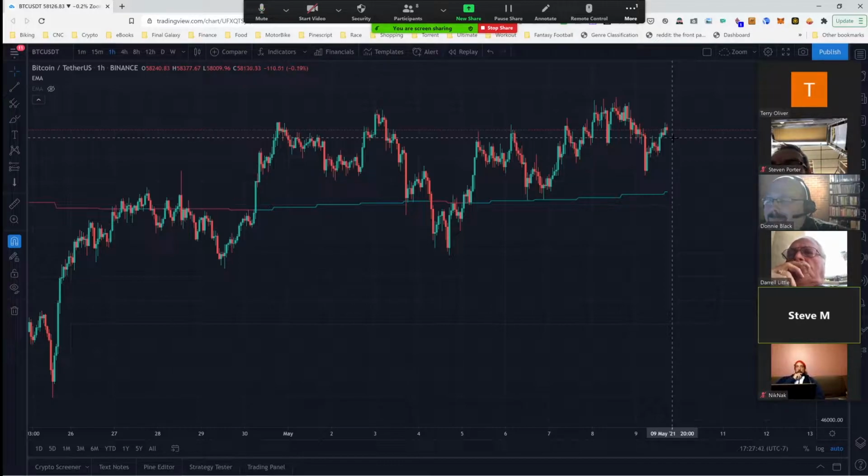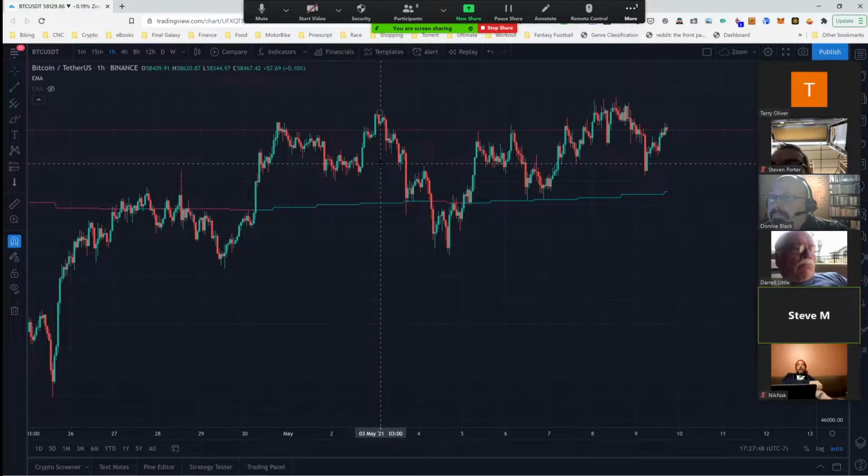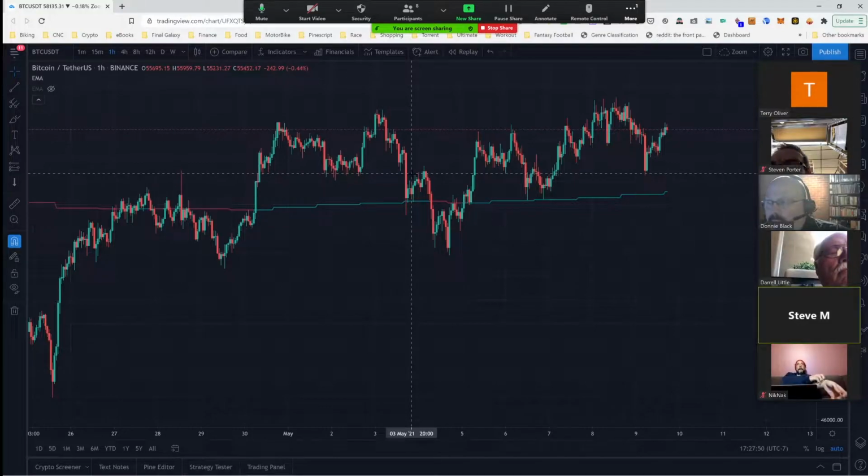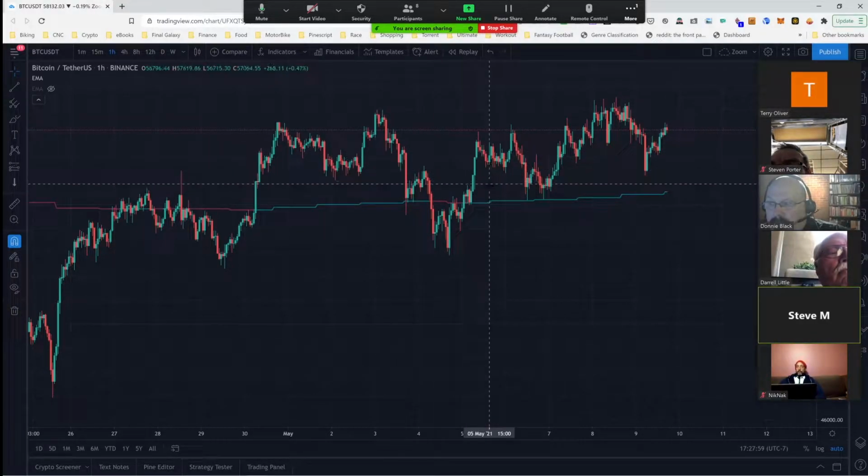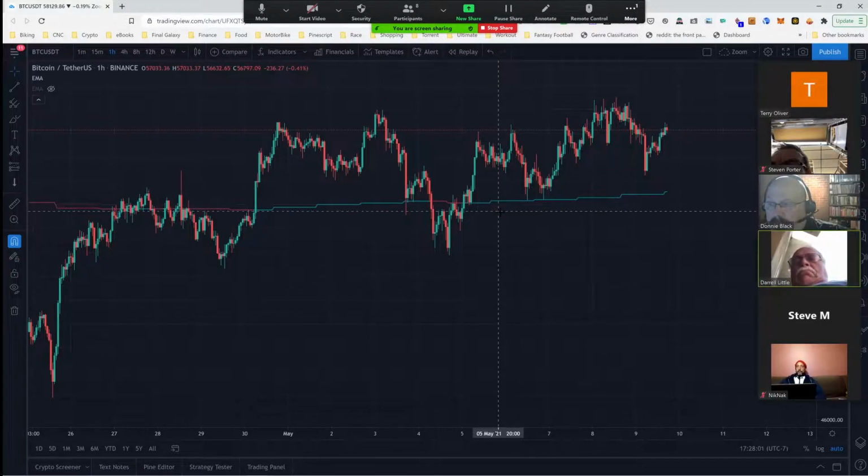You could have had tons of entries and exits at profit on the 5 minute chart. How many 5 minute periods are there in 3 days? There are a lot. So to pick an exit based off of a higher time frame, like what's that?